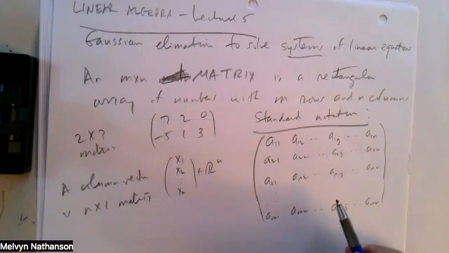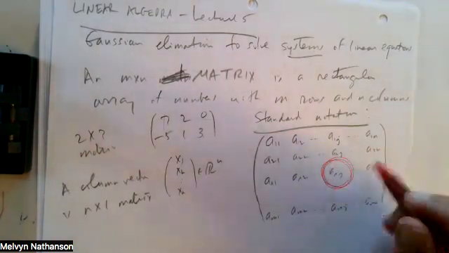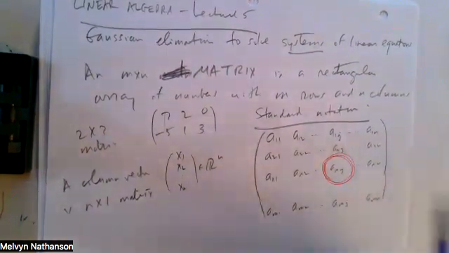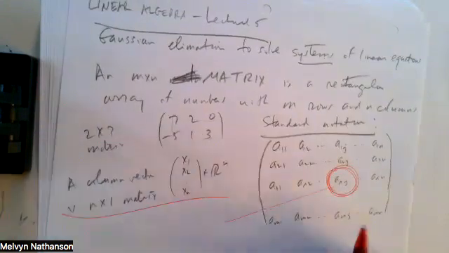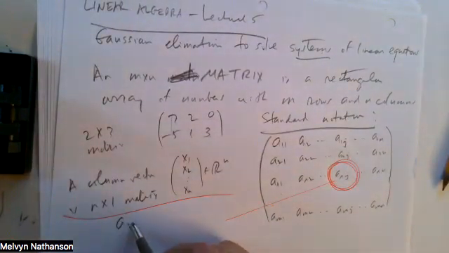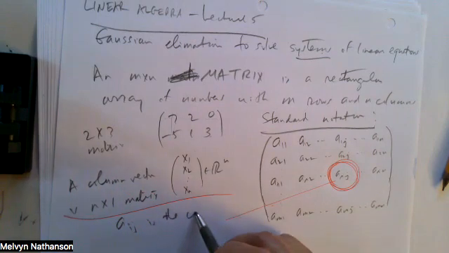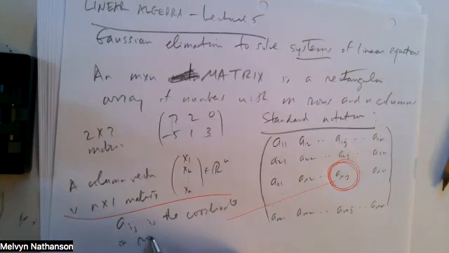So this is the standard notation for a matrix, and this is the very important thing. You have to get the subscripts right. Aij is the coordinate in row i, column j.